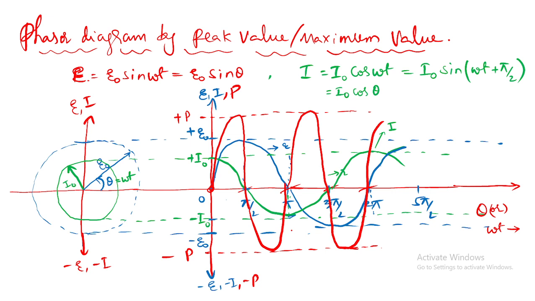Is it done? So in a cycle itself, 4 times it will change. 4 times it will become maximum.